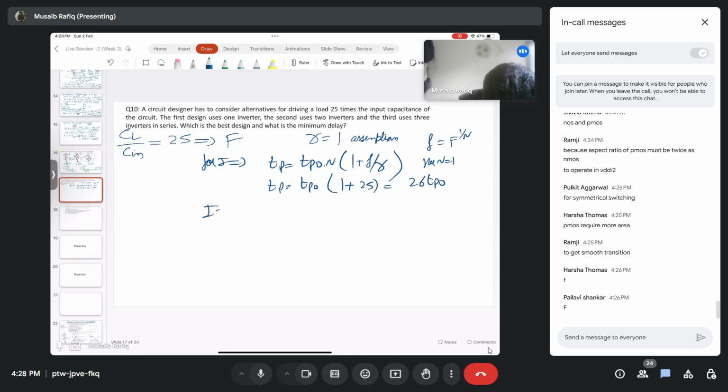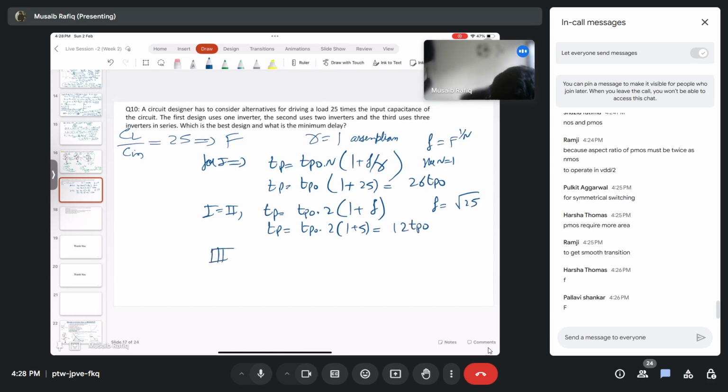For n equal to 2, 2 stages, TP is equal to TP0 multiplied by 2 times 1 plus F, gamma is 1, so I have not written it here, and F is equal to root 25. So TP is equal to TP0 times 2 times 1 plus 5, which comes out to be 12 TP0.